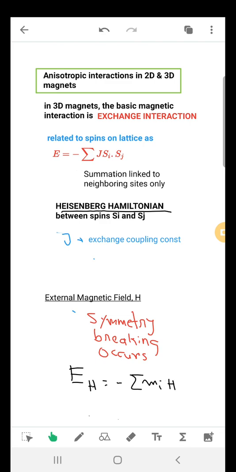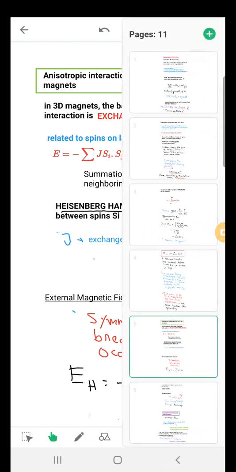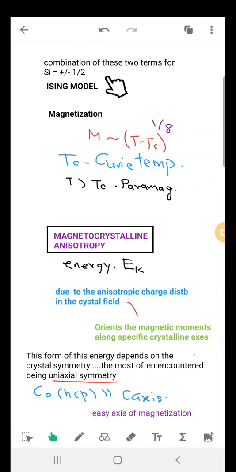When an external magnetic field is applied, symmetry breaking occurs, so we have an energy given as mu_i into H, where the spin values are plus or minus half. According to the Ising model, the magnetization goes as (T minus Tc) to the power beta, where Tc is the Curie temperature, and T is greater than Tc for the paramagnetic material.